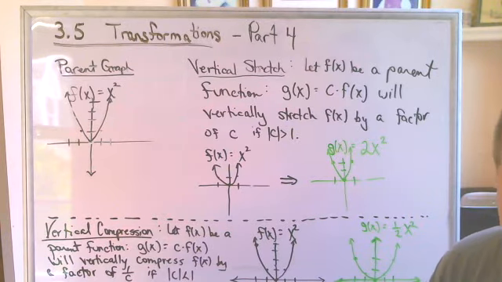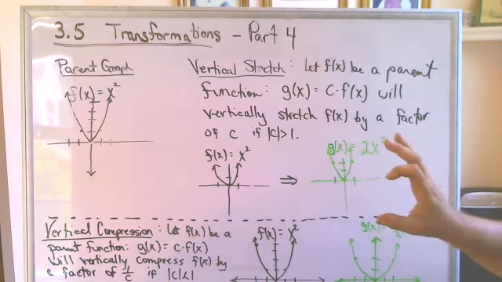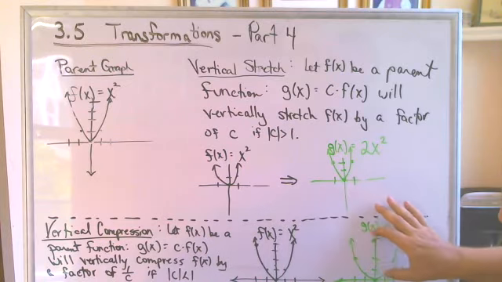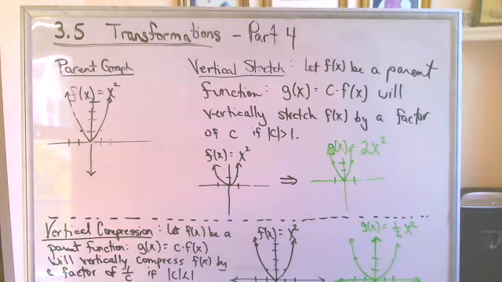Like I said before, if you were in one of those mirrors and looked really skinny or really fat, I could still tell it's you if I knew who you were. So this graph becomes really skinny, a distortion. This graph looks really fat, still a distortion, but it's still a transformation. Remember, the definition of transformation is the movement or the distortion of a general shape, or what I call the parent graph.